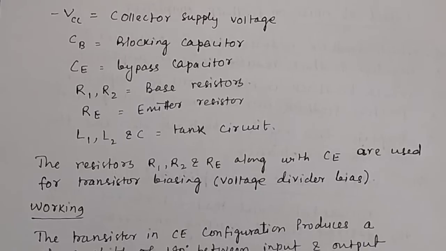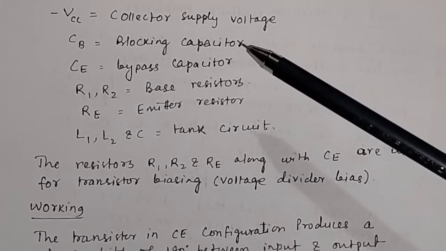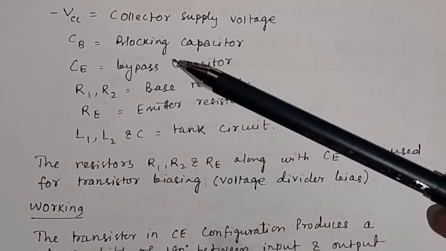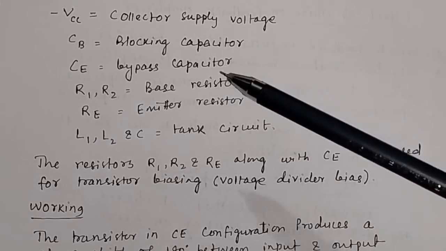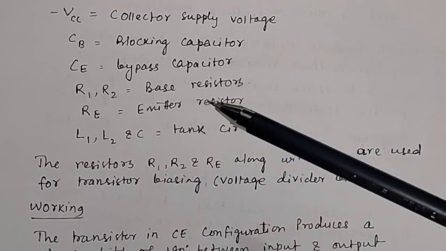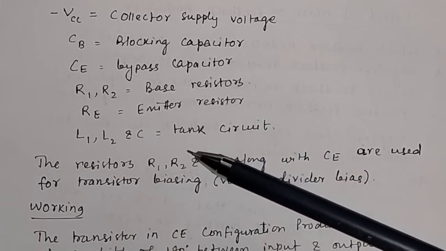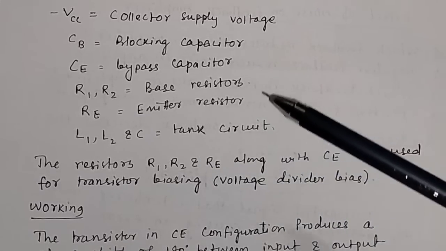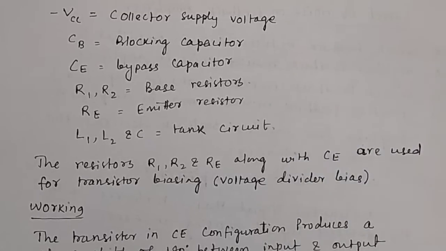In the answer you should write this: VCC is your collector supply voltage, CB your blocking capacitor, CE is the bypass capacitor, R1 R2 are the base resistors, RE is the emitter resistor, and L1 L2 C are the tank circuit, and what are the uses of these components you should write.